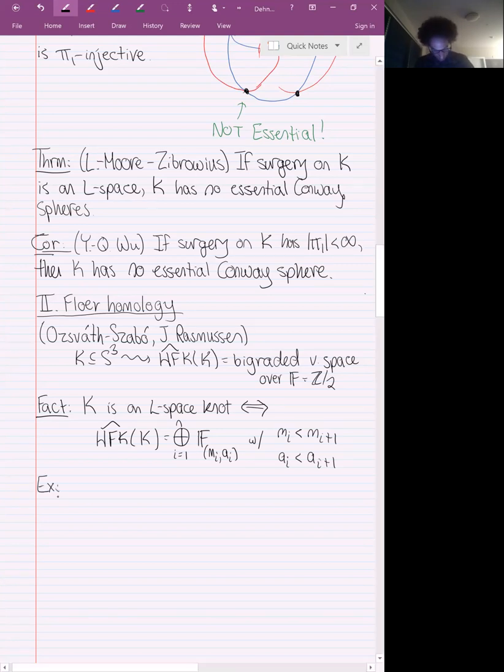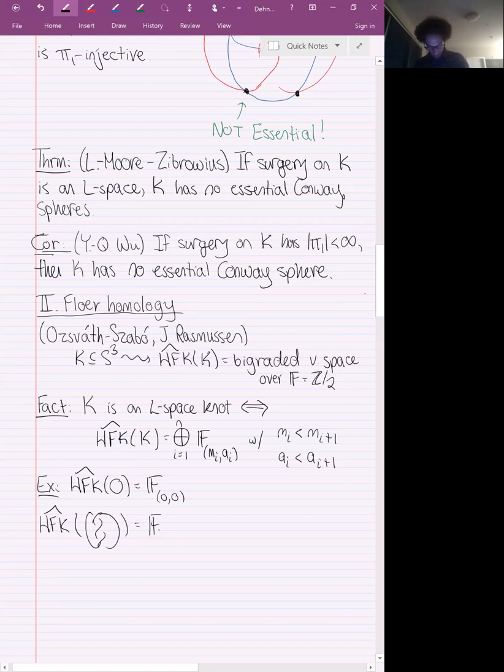Let me give a couple examples so that you can have something more concrete in mind. The first example is that if I take the knot Floer homology of the unknot, I just get an F in bigrading 0, 0. And so this, by our fact, is an L space knot, and that lines up with the fact that surgery on the unknot gives us a lens space, which is indeed an L space. Similarly, we can look at the knot Floer homology of the right-handed trefoil, and it has a more interesting structure.